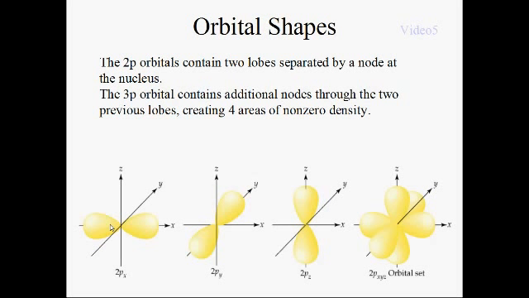So 3 surfaces where the probability goes to 0, 4 areas of electron density with alternating signs of the electron wave. And this continues the process as we go up to 4p, 5p. Each time we add another layer onto each of the lobes together.